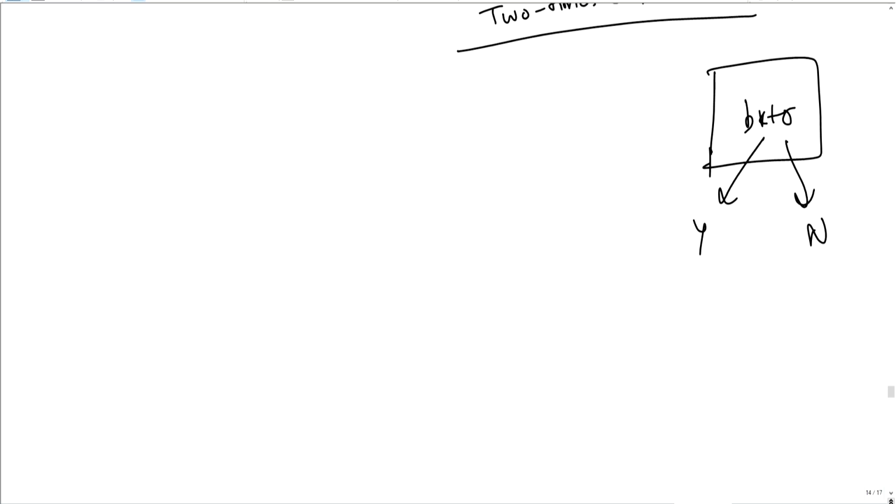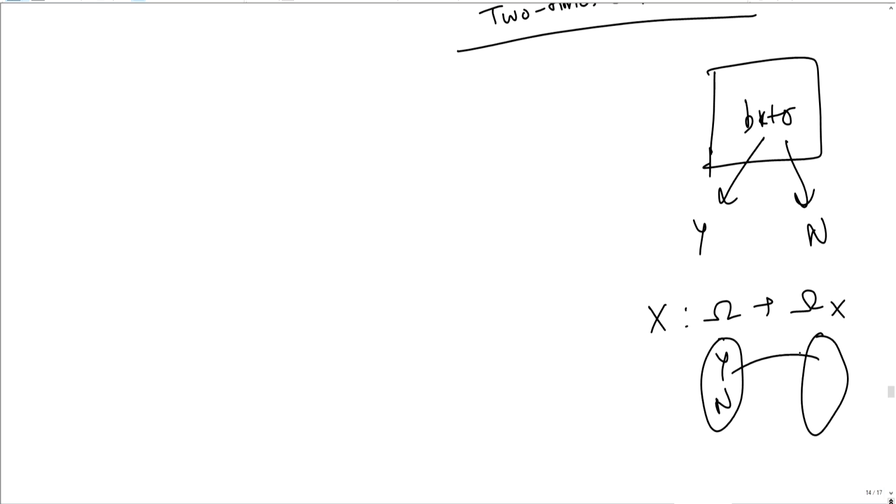Yes or no, right? These are categorical. In the same way, you can apply random variables here. You can define a random variable x which maps your sample space to another space omega x. What is omega? Y or n. You can define the mapping so that if the response is y, the value of the random variable is 1, and if the response is n, the value is 0.